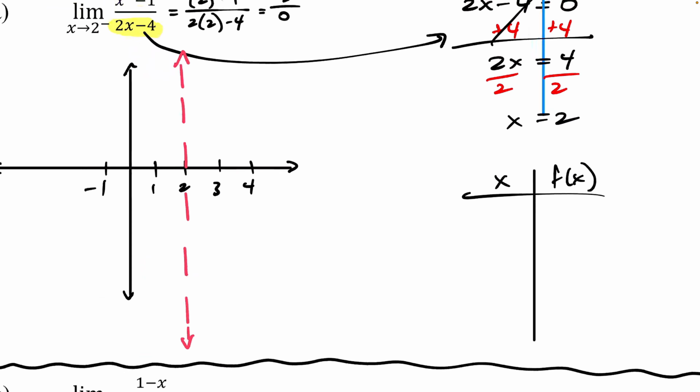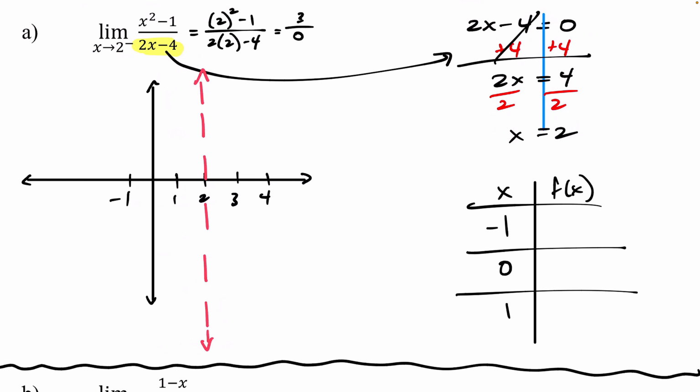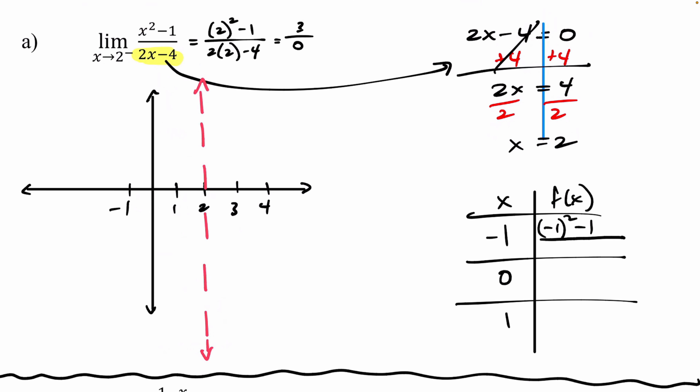I'm going to start with -1, 0, 1. I'm going to plug -1 into f of x and see what I get. So f of x was -1 squared minus 1 over 2 times -1 minus 4.